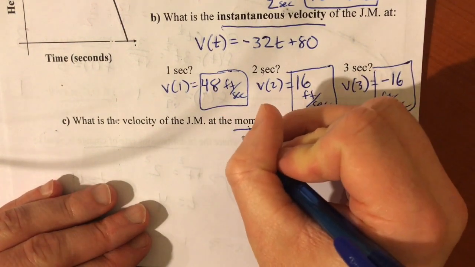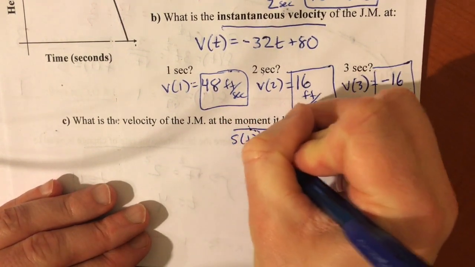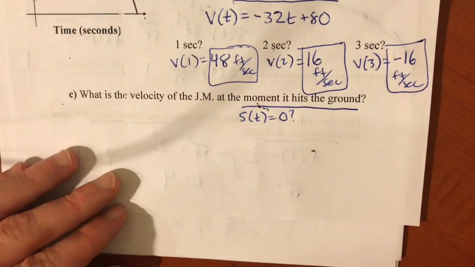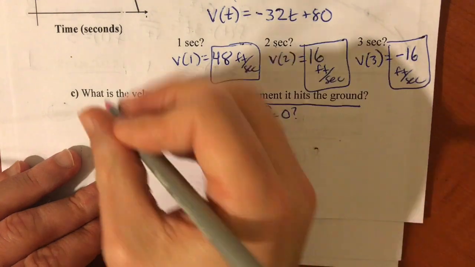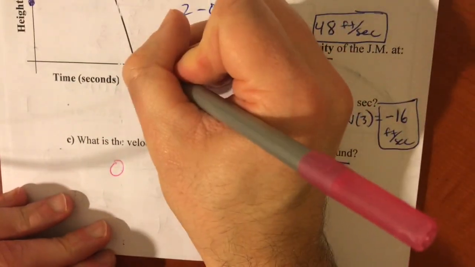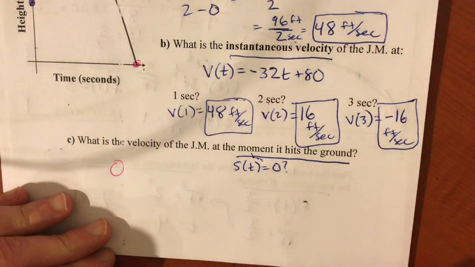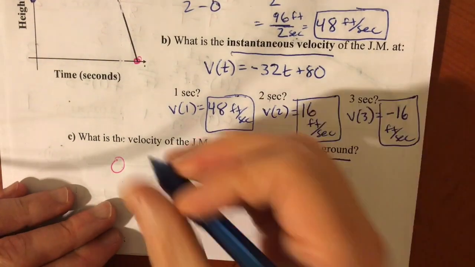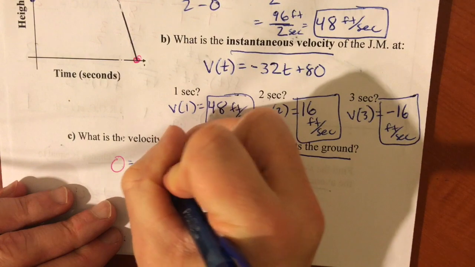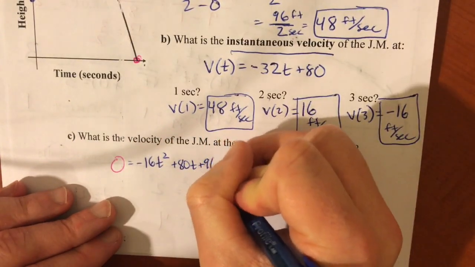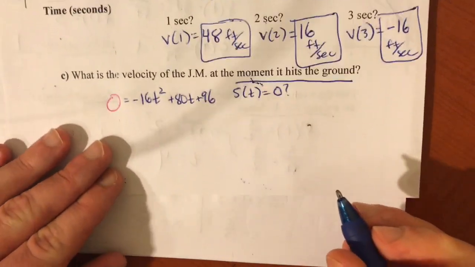So first I've got to say, when does my position equal 0? When does my height equal 0? I go to my function here because I'm trying to find the time when this is 0. You're finding the x-intercept. Of course, you could do this on the calculator also with the intersect feature, with the zero feature.